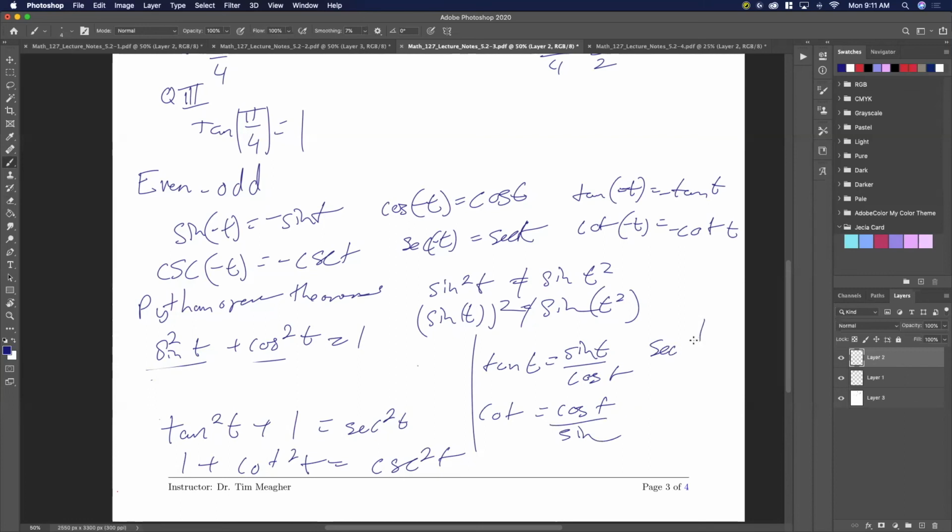Secant is 1 over cosine, and cosecant of t is equal to 1 over sine of t. Technically, you only need sine and cosine. Everything else you can just convert over, right? So if you see a tangent, a cotangent, a secant, you can just write it all as sine and cosine.